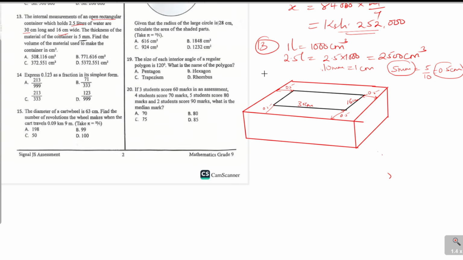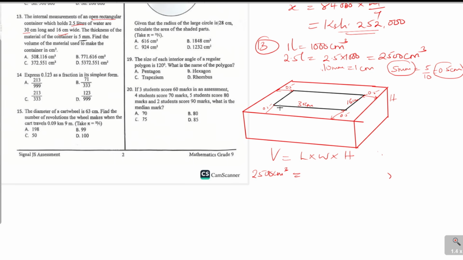That will help us to get the height, because you can see we are given the internal measurements, that is the length and the width. And you know, for us to get the volume of this, we have to get length multiplied by width, multiplied by the height. So we don't have that height. So we need to get that. So we're going to use the volume, since we have the volume of the water is 2,500 centimeters cubed is equal to the length.